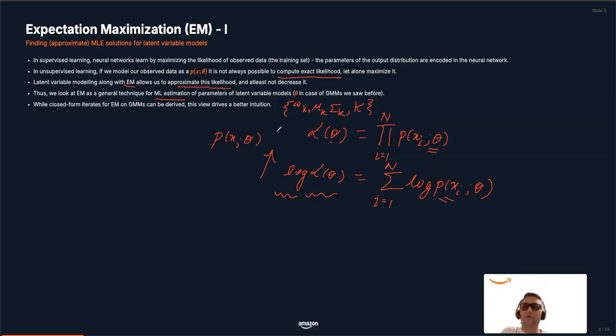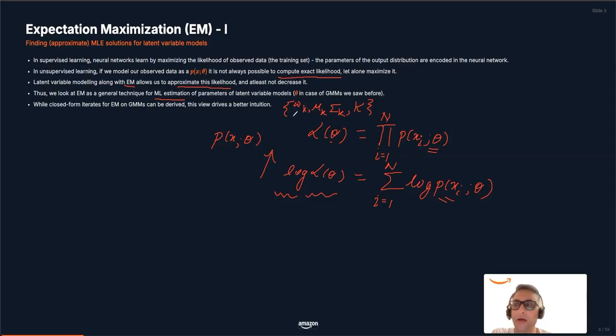Although I could have just taken Gaussian mixture models, introduced a Z, and done some mathematics to derive the equations for the E and M steps of expectation maximization in case of GMMs, it doesn't give you the intuition that EM actually applies to other latent variable models as well.